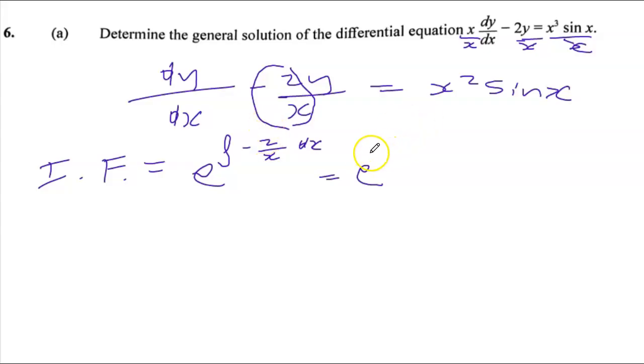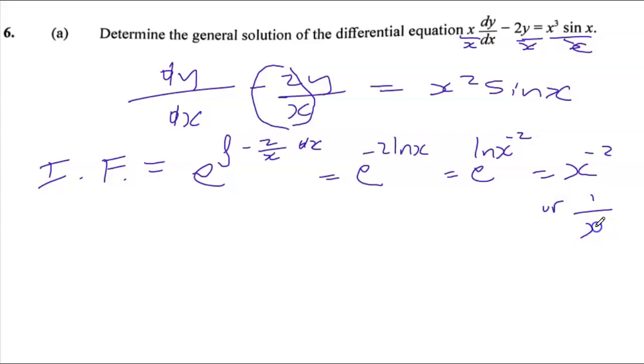So this is negative 2 times log x, which is equal to e to the, and we know the laws of logarithm, this is ln x to the power of minus 2. So e to the log x to the minus 2 is the same thing as x to the power of minus 2, or the same as 1 over x squared.